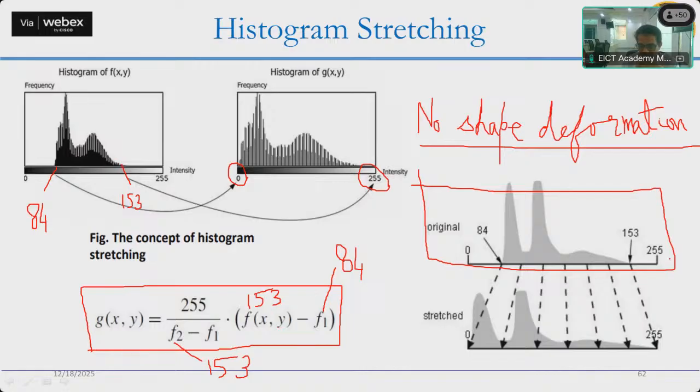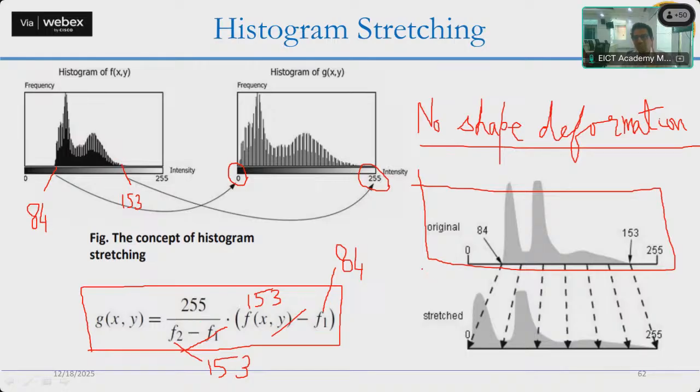And at the last value, when it was 153, 153 minus 84 over 153 minus 84, the same terms cancel out, and it leads to 255.